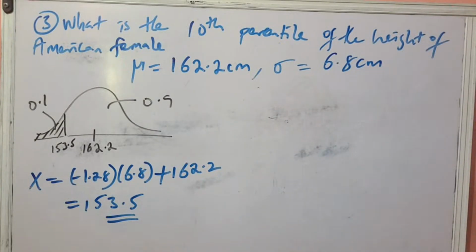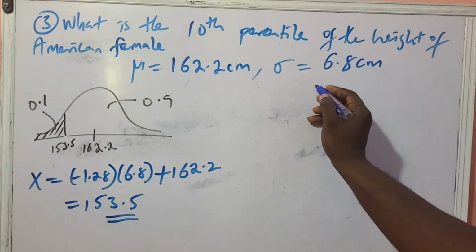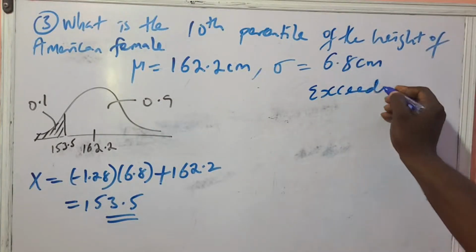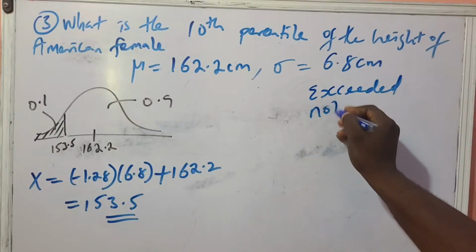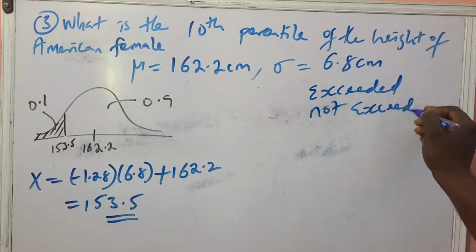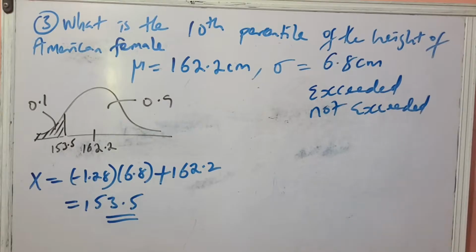Now, look at this. They use the word exceeded. Sometimes they say not exceeded. These are what you will be seeing sometimes when they are trying to talk about percentile also. All right.